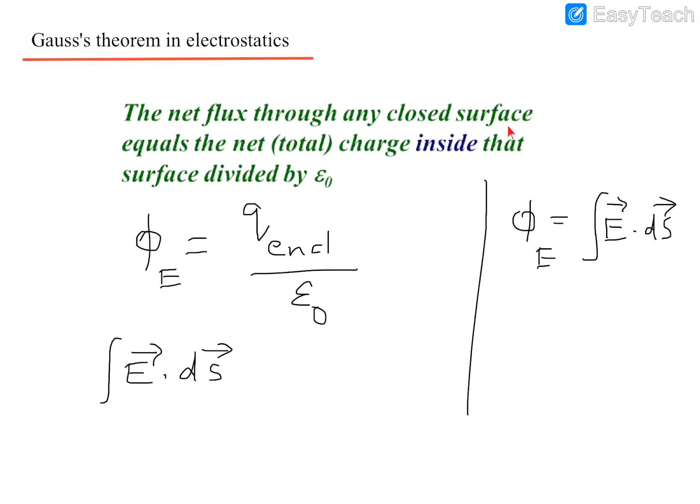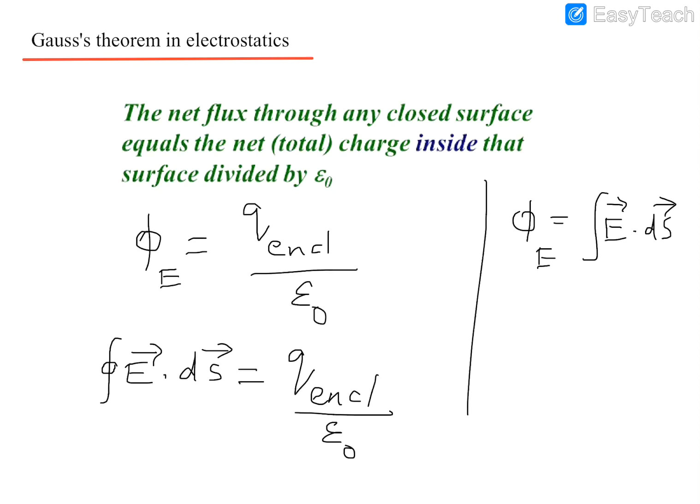Closed surface means you are taking an integral on that closed surface. So in order to represent that it is an integral on the closed surface, you will put a circle here. This circle means closed integral, integrating over that closed surface. That is the meaning of this circle on the integral. So it is pronounced as closed integral E dot ds is equal to Q enclosed by epsilon 0.